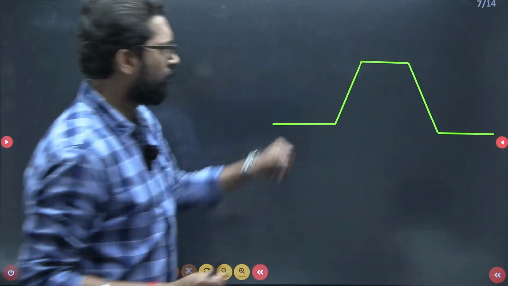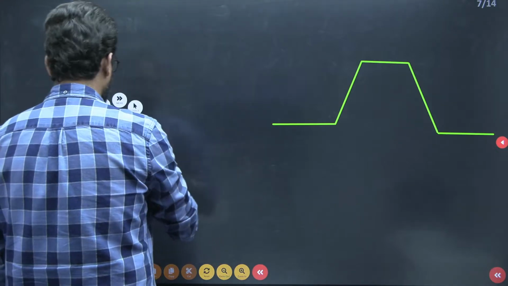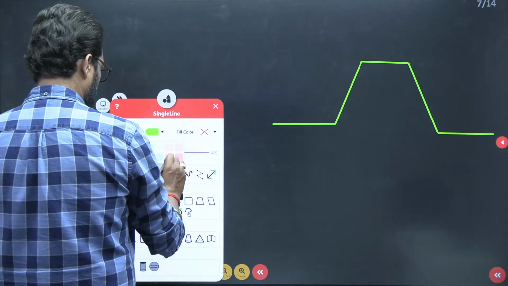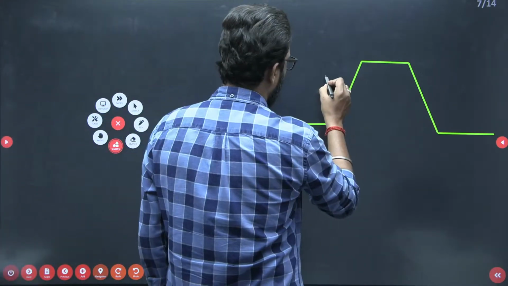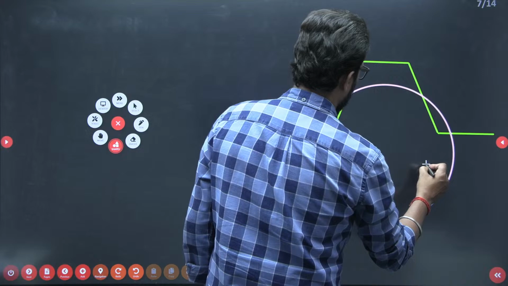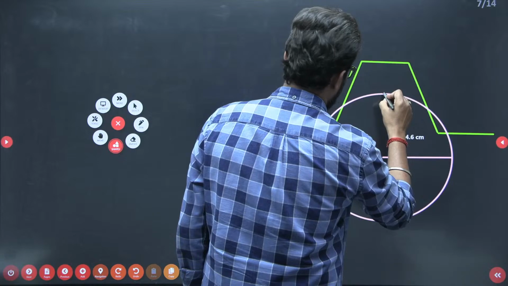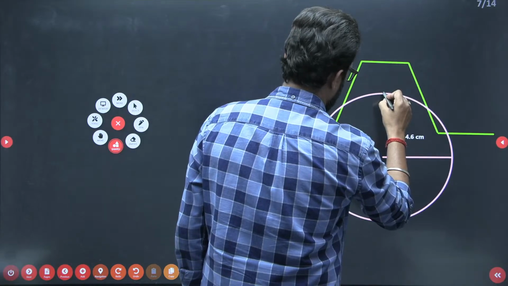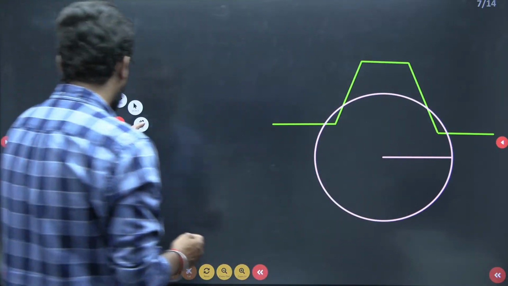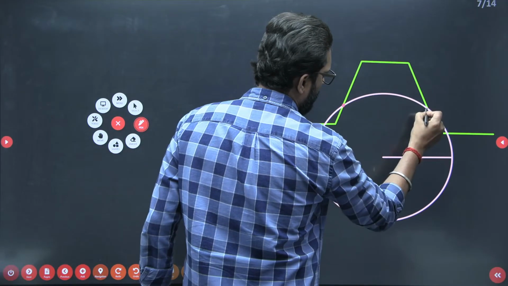Done. This is your tooth. And this is your pitch circle. To draw the pitch circle from here, let's suppose this is your pitch circle, from this point to here.